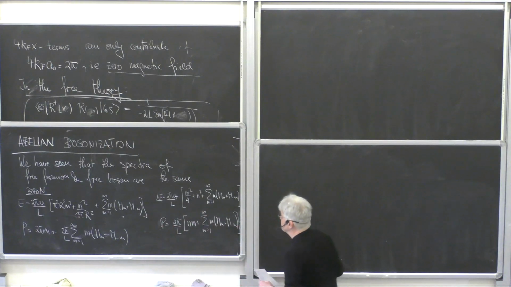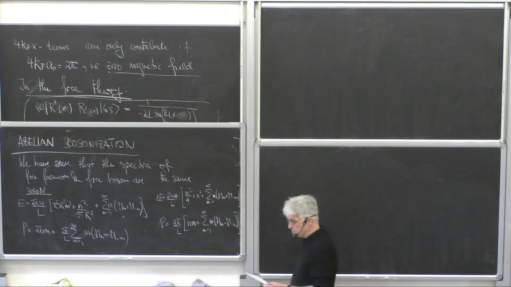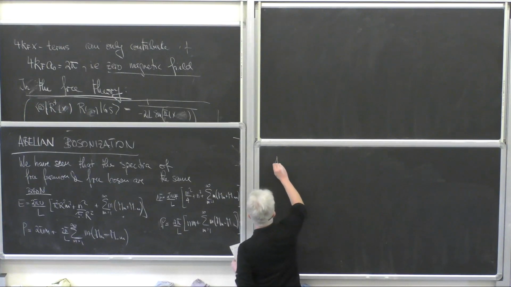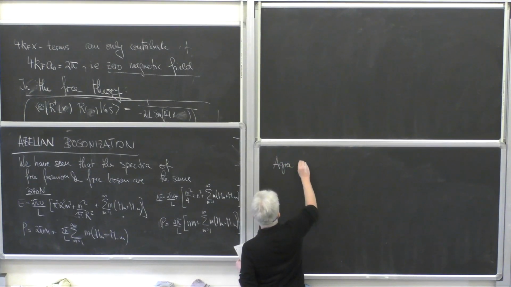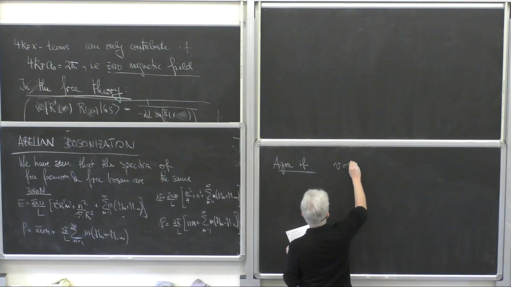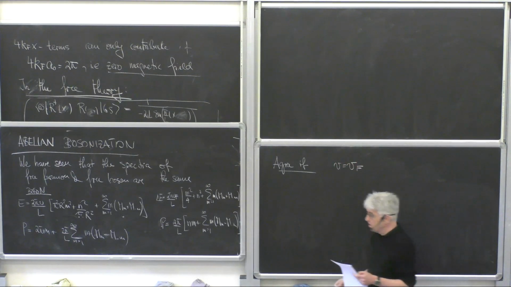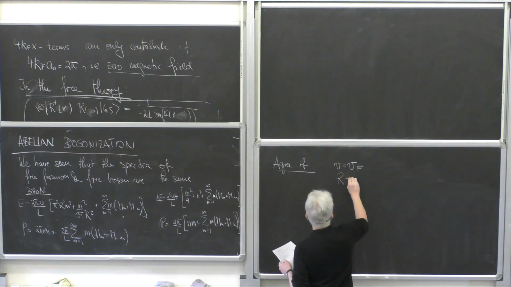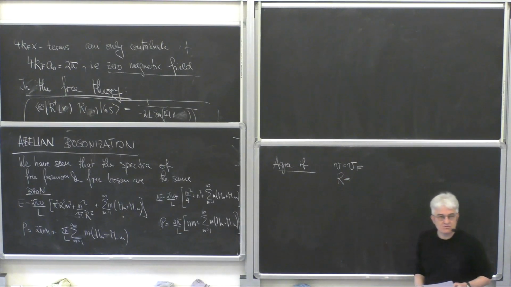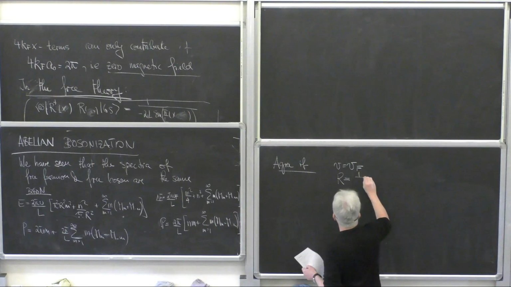So this is what we saw before. And now if you look at them, you see they agree if we take the Fermi velocity equal to the velocity in the compact boson, and if we fix the compactification radius of the boson to be 1 over square root 4 pi.